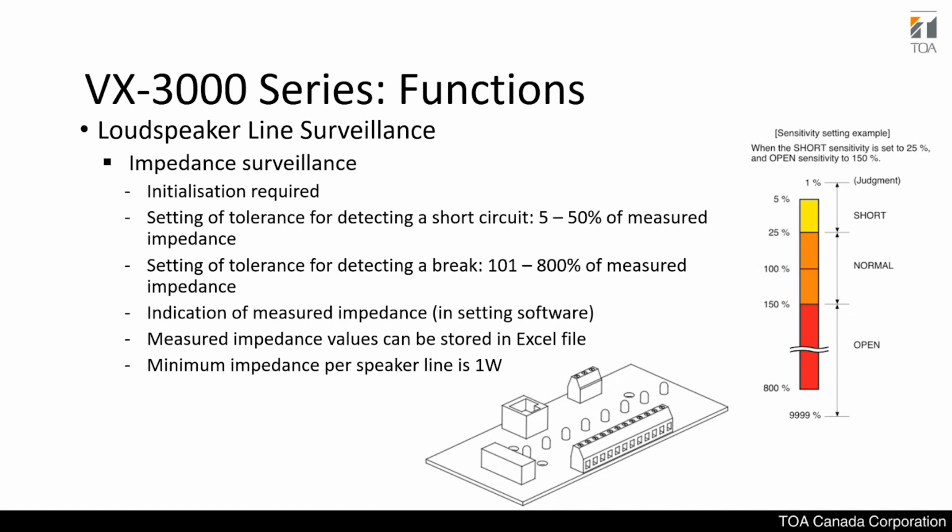The minimum impedance per speaker line is 1 watt, so there has to be a load on the speaker line for this to happen. The VX3000 also has hardware for actual live line monitoring, so end of line monitoring, but that is only available for 100 watts. If you are interested in that, we will be happy to discuss that with our tech support once the VX3000 is released.